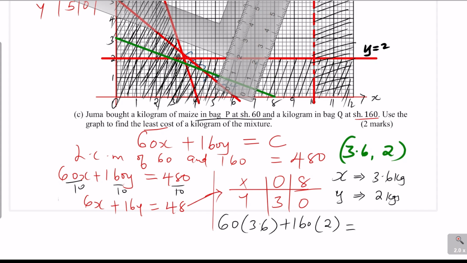So this gives us 536 shillings. So that is the minimum cost. That is how you're supposed to solve that question.